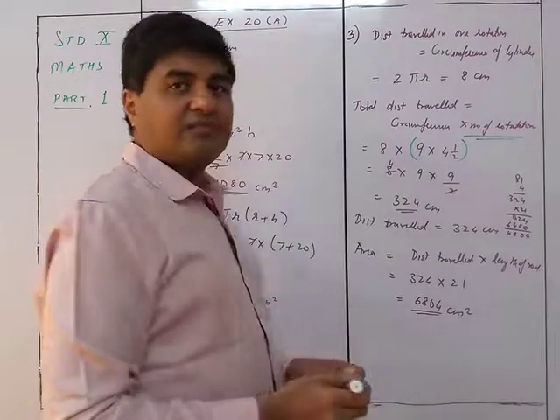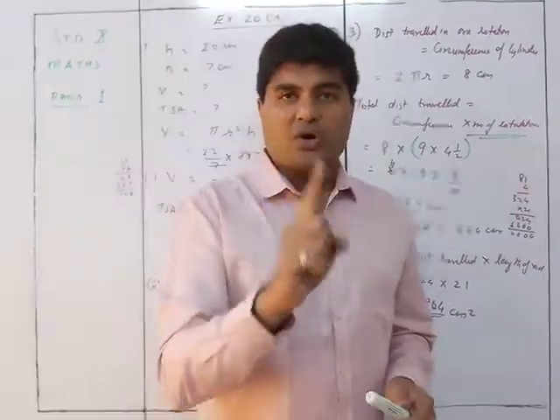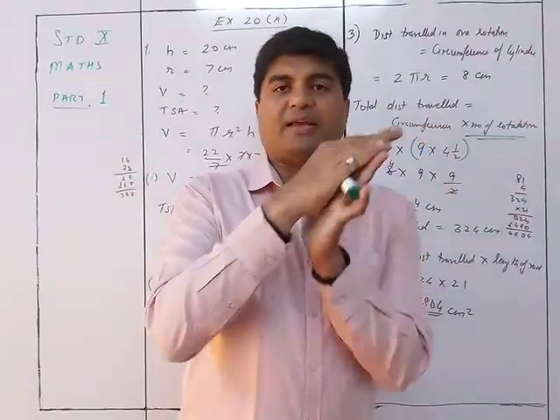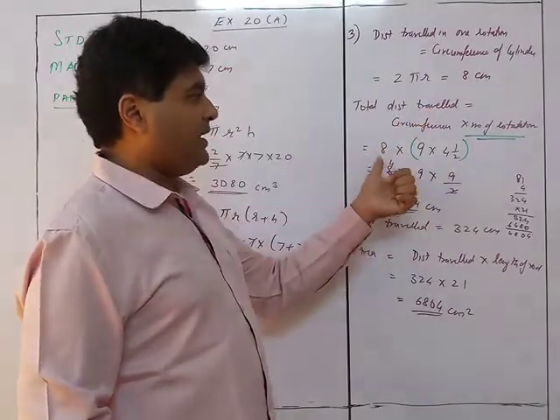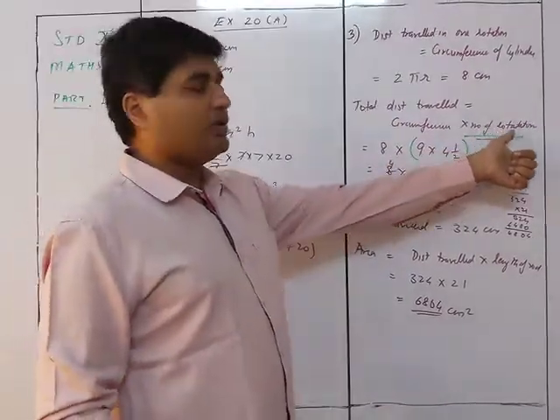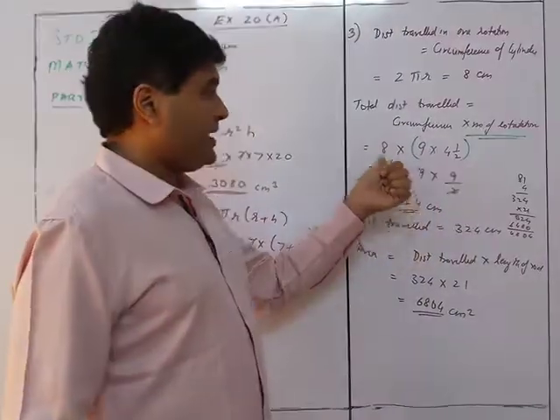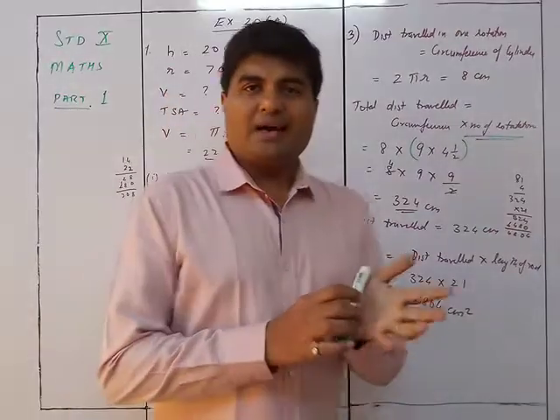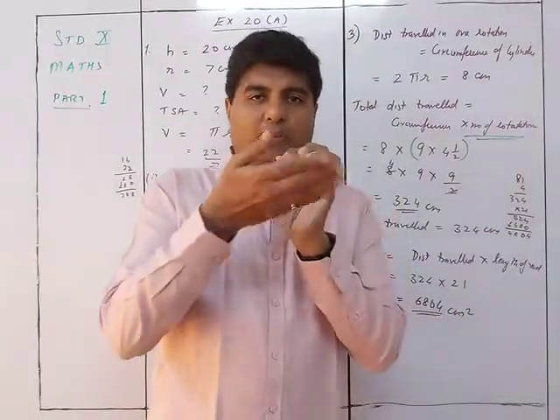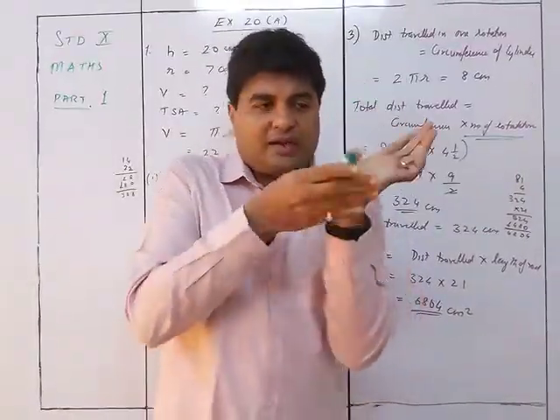Circumference is already given. Circumference is nothing but the length traveled in one rotation. How much did it travel in one rotation? The circumference. So that is 8. So total distance traveled will be circumference into number of rotations, that will be 8 into 9 into 9 upon 2. That is 324 centimeters. Now the area covered. Because here it was only the wheel, but that particular flat part is covering the whole area.